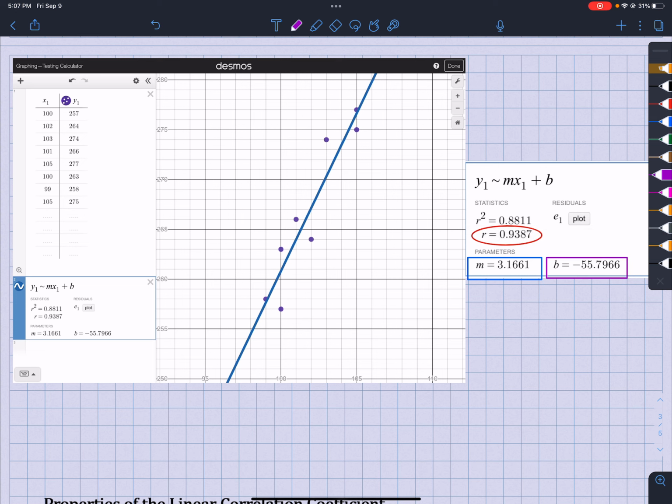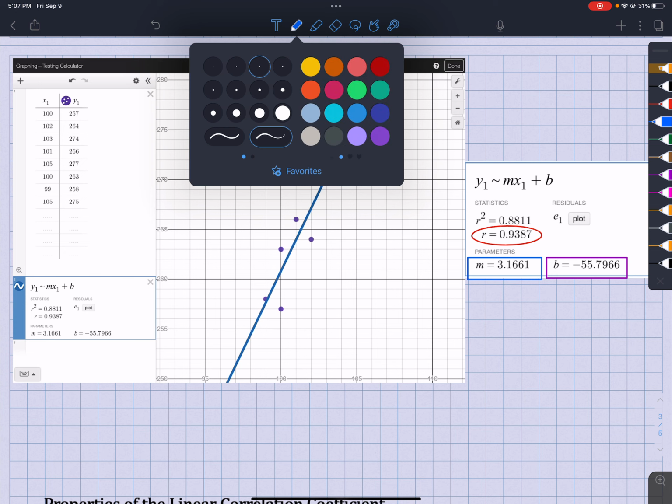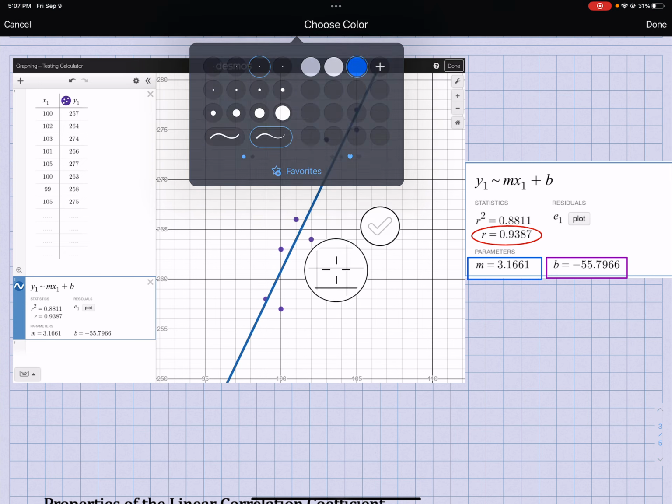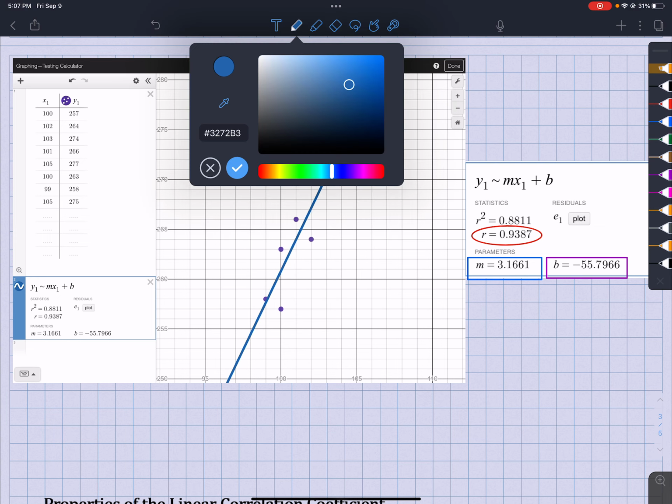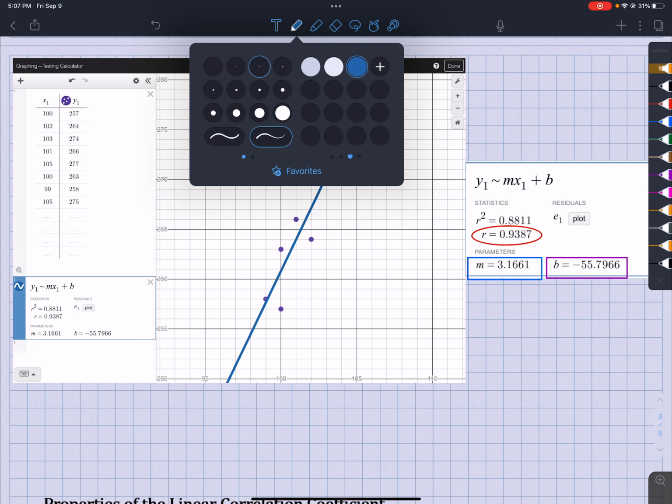So in other words, this line right here, actually, let's go ahead and change this color. Okay, done.